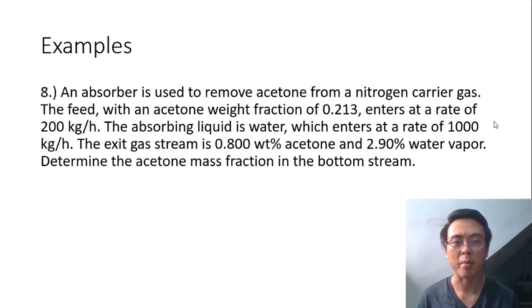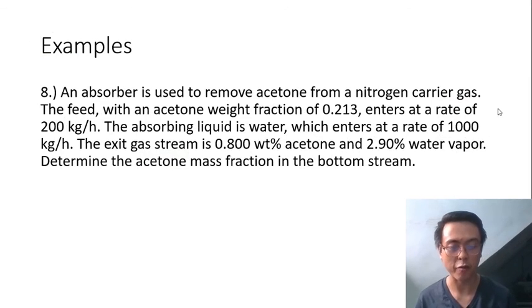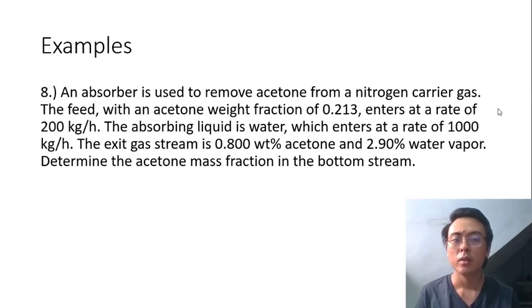Okay, next example. This is another absorption problem. So let's see if we can analyze this problem correctly. An absorber is used to remove acetone from a nitrogen carrier gas. The feed, with an acetone weight fraction of 0.213, enters at a rate of 200 kilograms per hour. The absorbing liquid is water, which enters at a rate of 1,000 kilograms per hour.